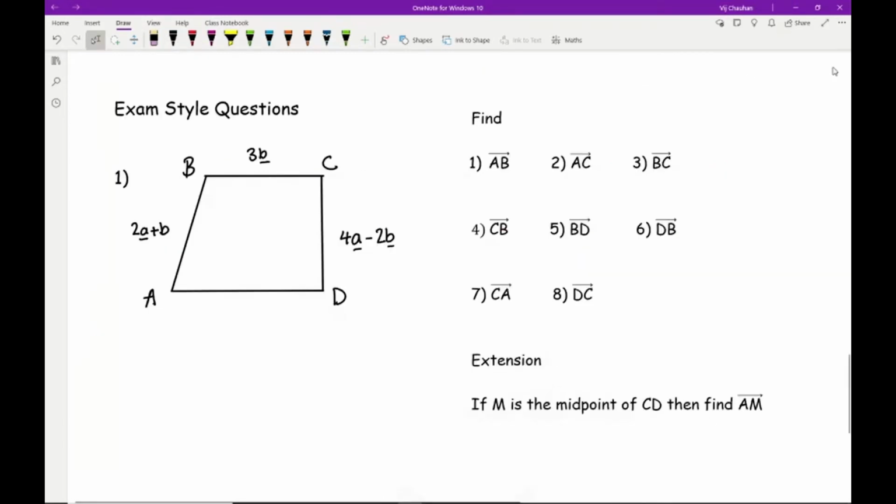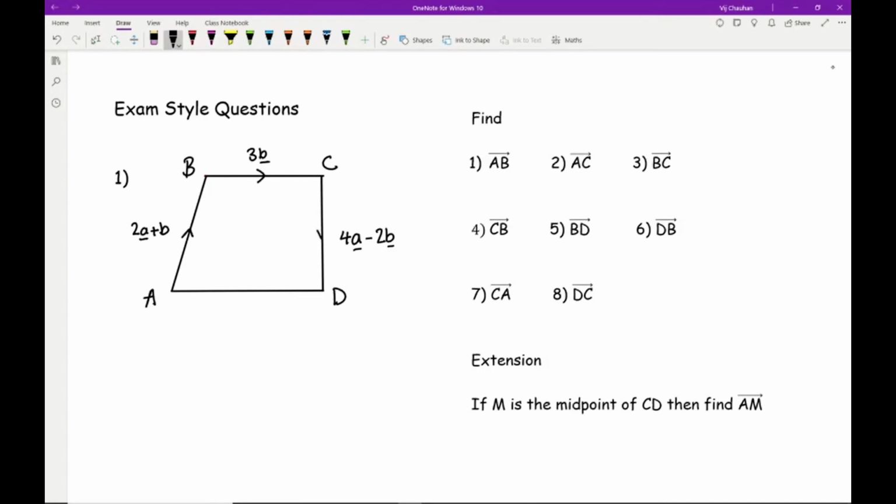Now the type of exam question you can see on the screen is pretty much one of the hardest questions you'd get at this particular level of looking at vectors. It does get a little bit more complicated, but that will then appear on the higher GCSE paper rather than the foundation paper.